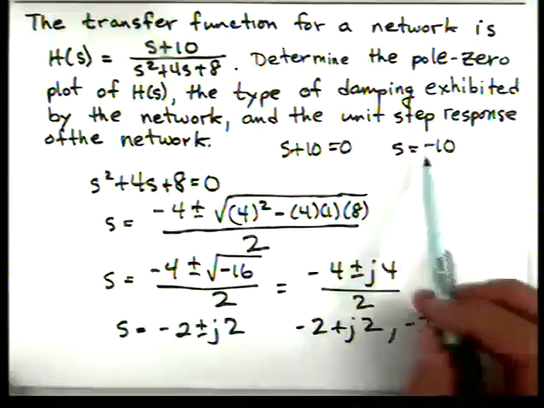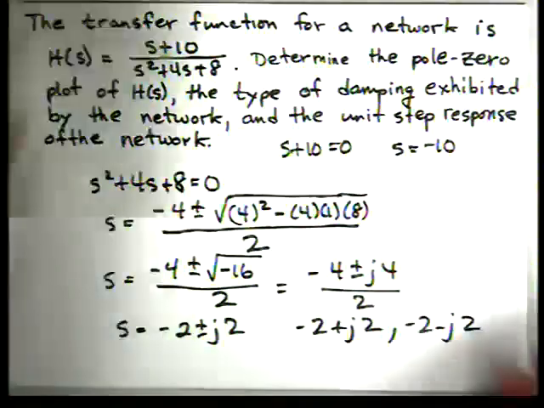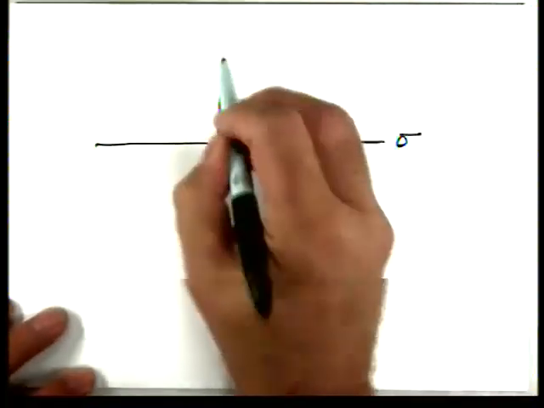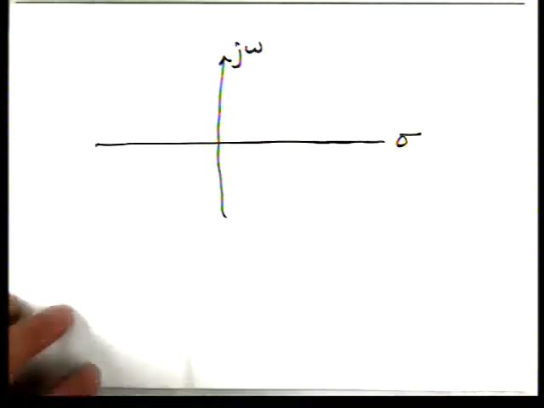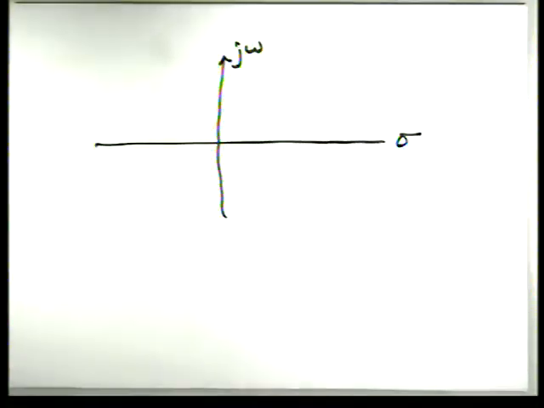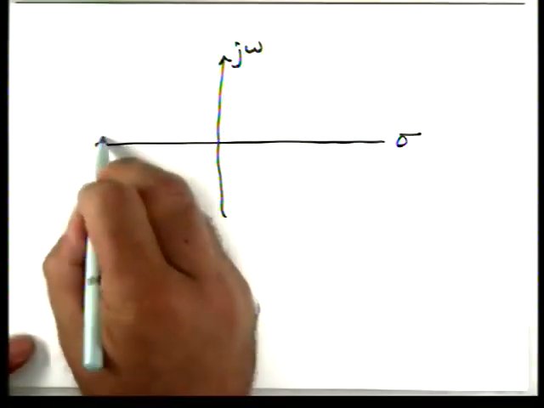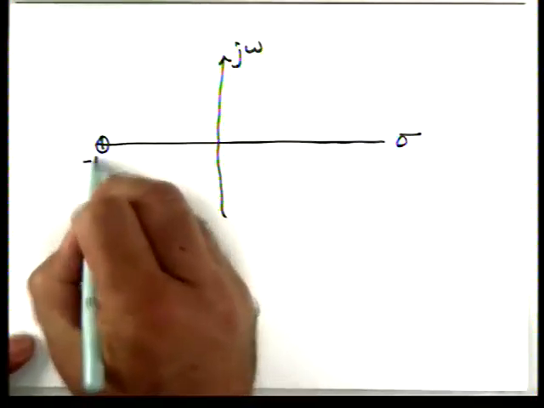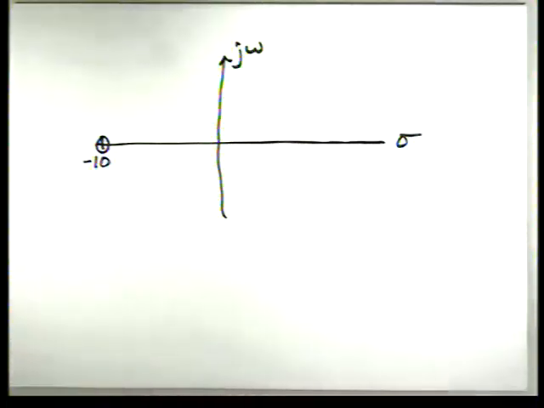Okay, so here are the zeros, and I have two poles. Now if we want to construct the pole-zero plot, we have a zero at -10, so out here at -10, there's our zero.